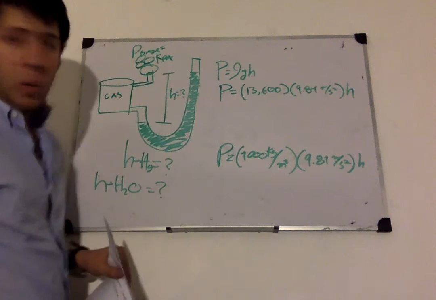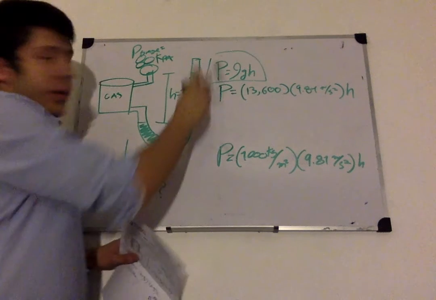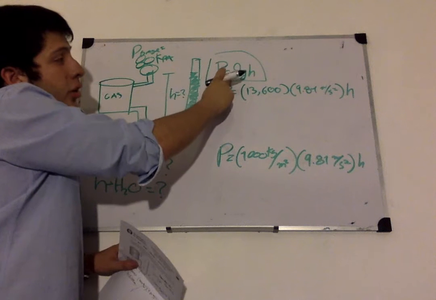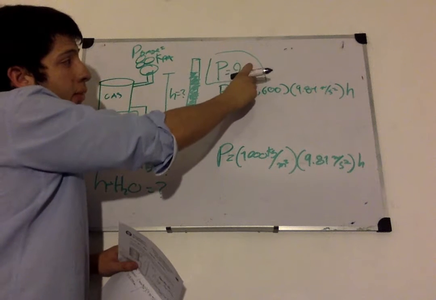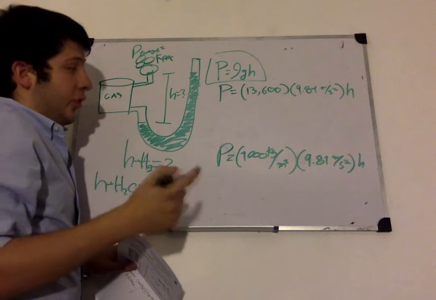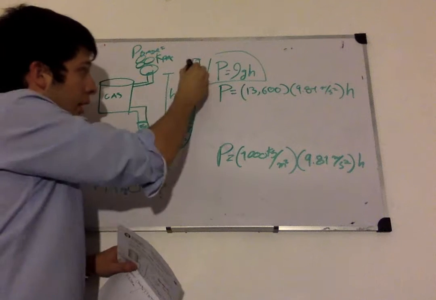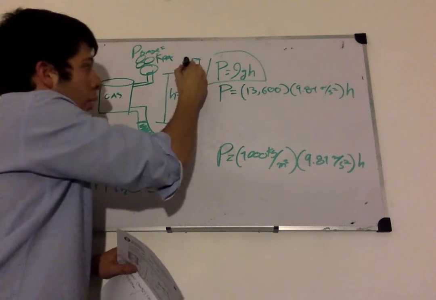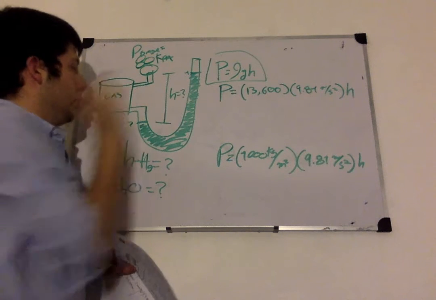Okay, so we have our equation, which is pressure equal to the fluid density times gravity times the difference between the heights of the levels of the fluid. So here we have a different height than here in point 2.